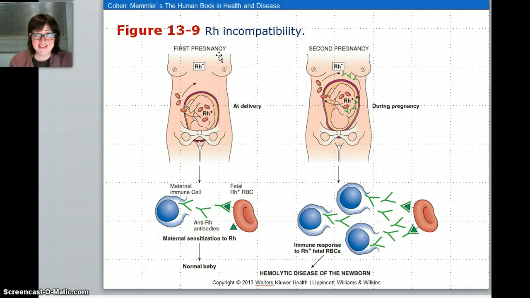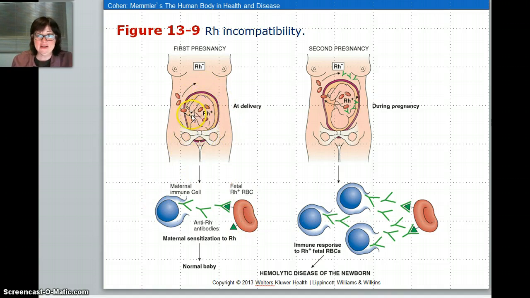During the first pregnancy, no problem, because the blood supplies do not actually mix. So the antibodies cannot cross, or these cells cannot get into the mother to make antibodies. Normal baby, no problem. However, during the birthing process, there is a mixing of the blood.